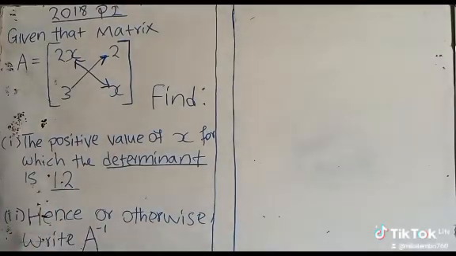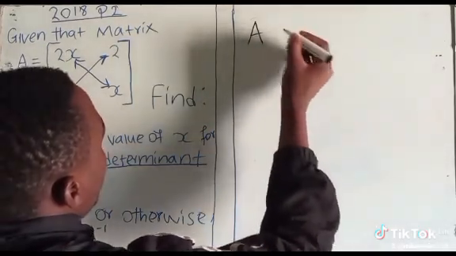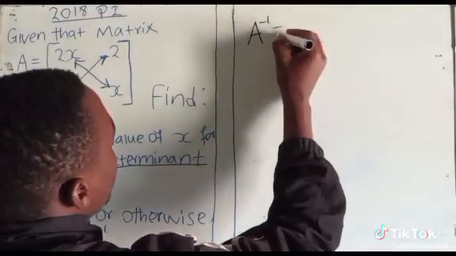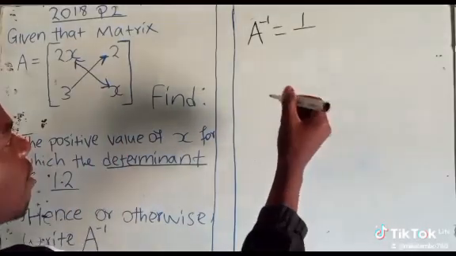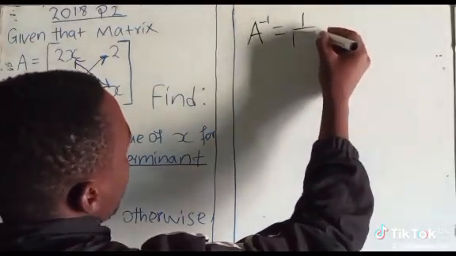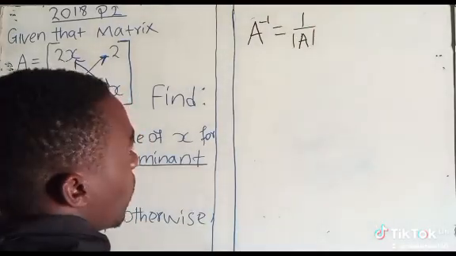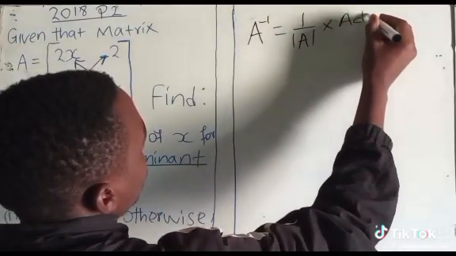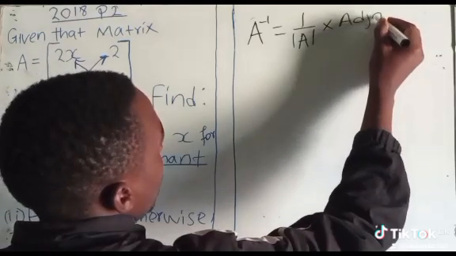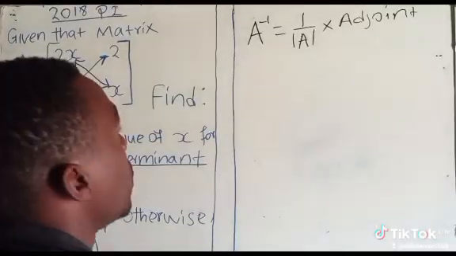So question 2, we are finding the inverse of matrix A. So to find the inverse, we are going to say the inverse of matrix A is equal to 1 over, this is the formula that we use to find the inverse of a matrix, 1 over the determinant of matrix A multiplied by the adjoint. So you will understand what I mean by adjoint as we are going.